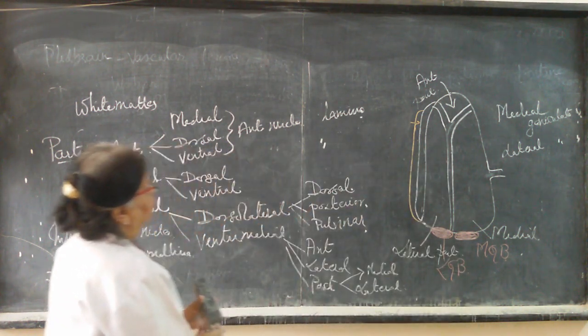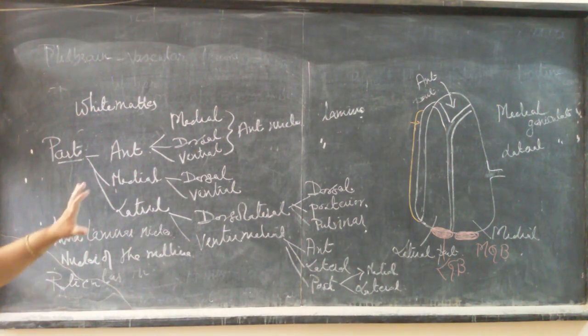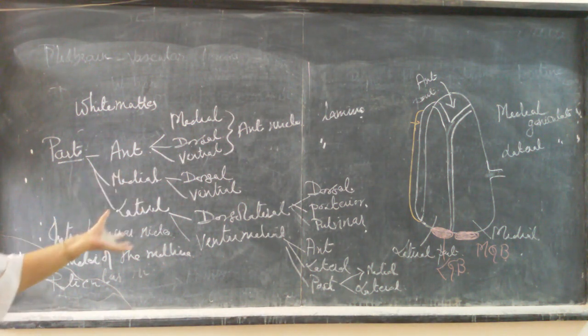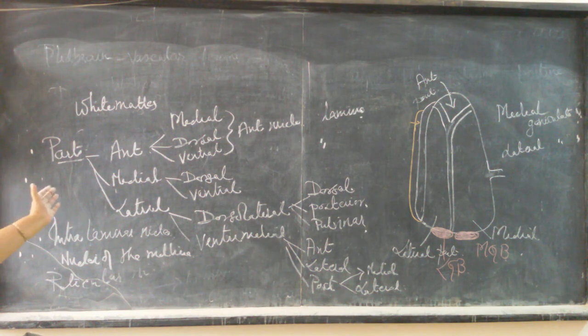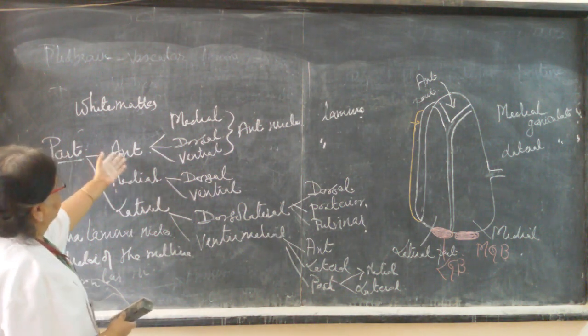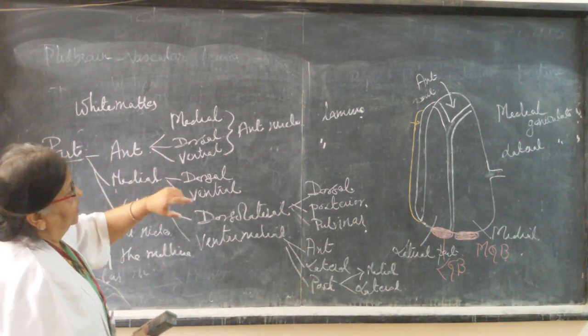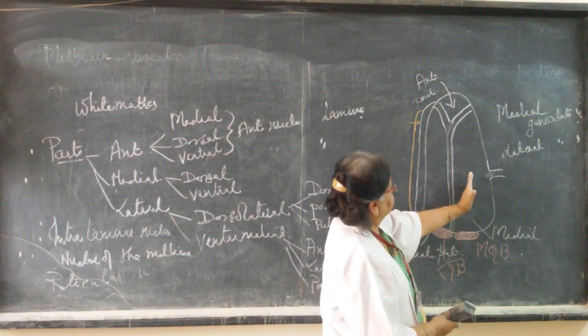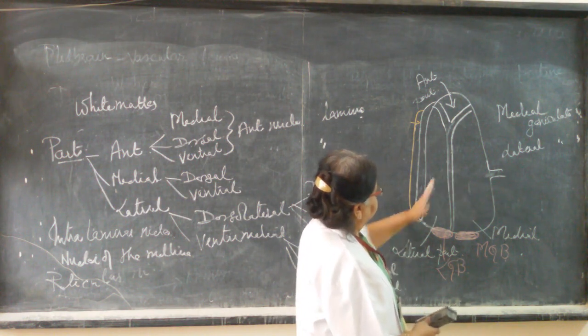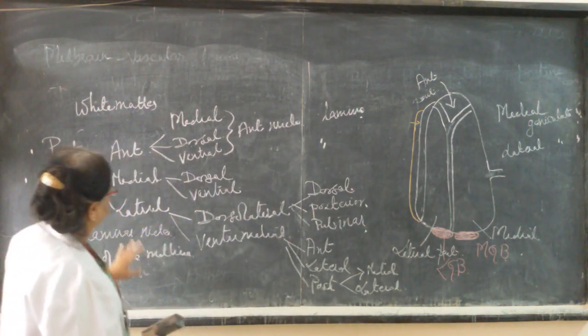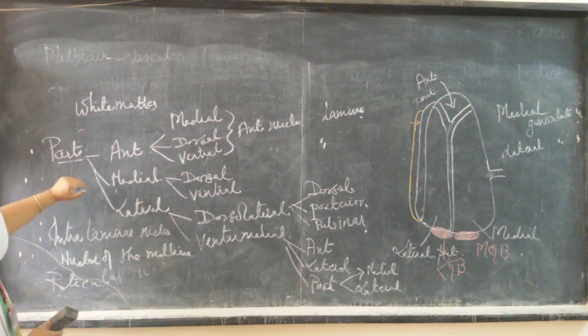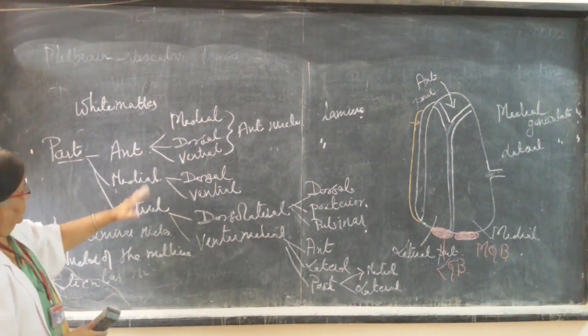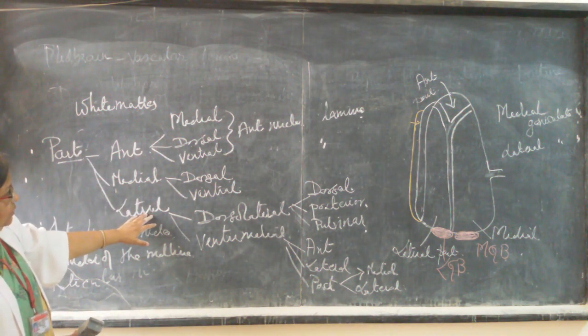In this way, the thalamus is a mass of grey matter which has been subdivided into a number of nuclei. The anterior group lies between the two limbs of the Y anteriorly. Then this part is the medial and this is the lateral part of the thalamus, and they contain medial and lateral groups of nuclei.